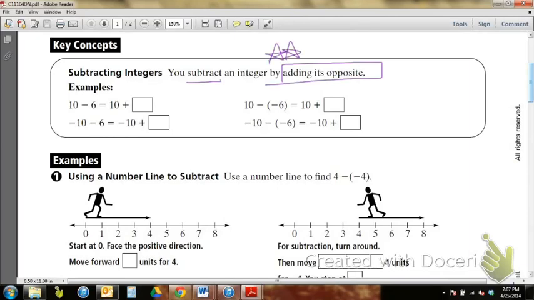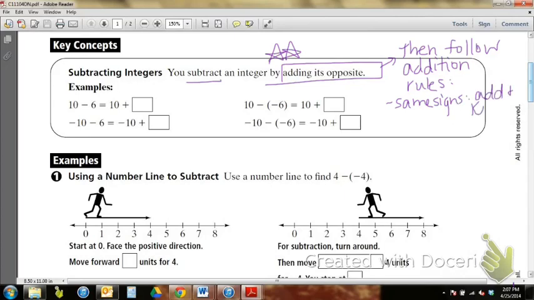Okay, and once you add the opposite, then you follow the rules that we just talked about in 11.3. So if they have the same signs, you add and keep the sign.